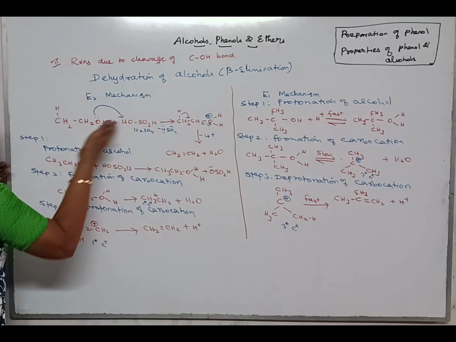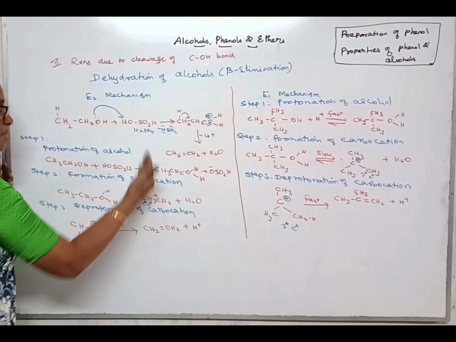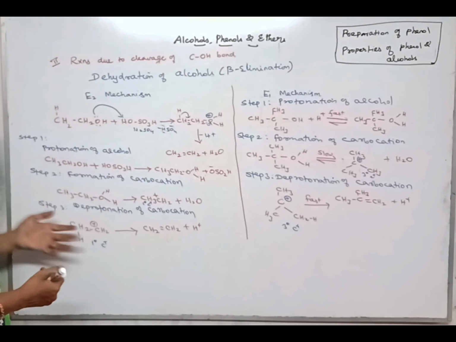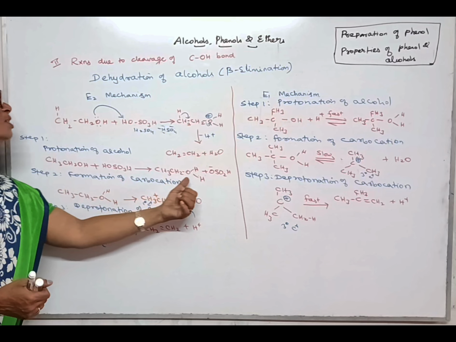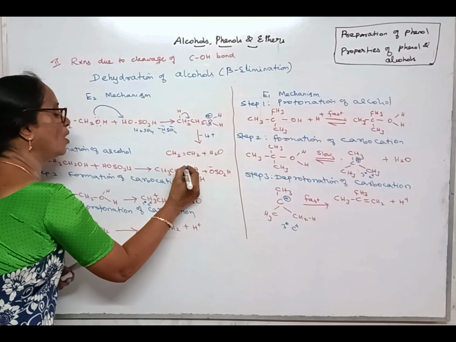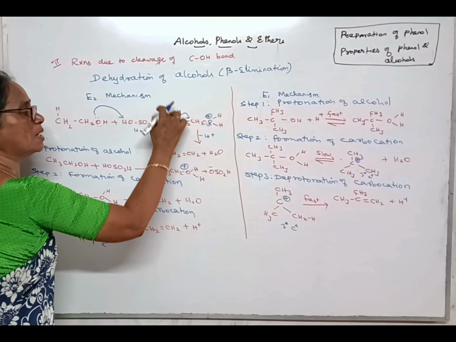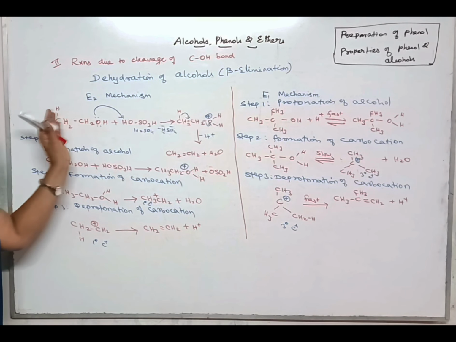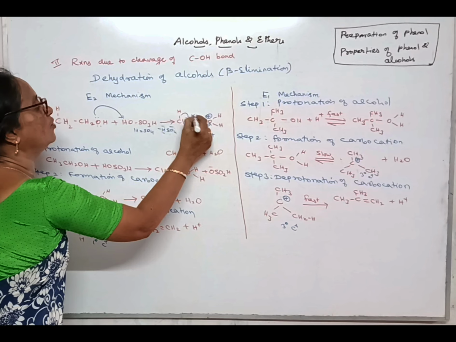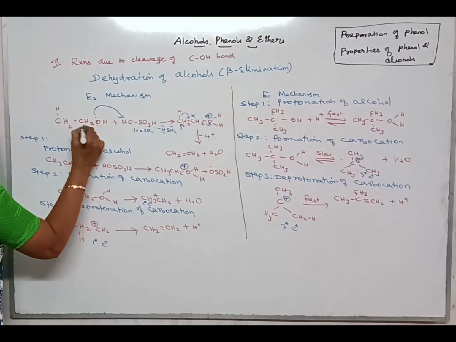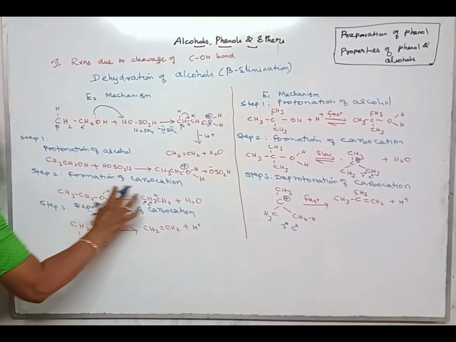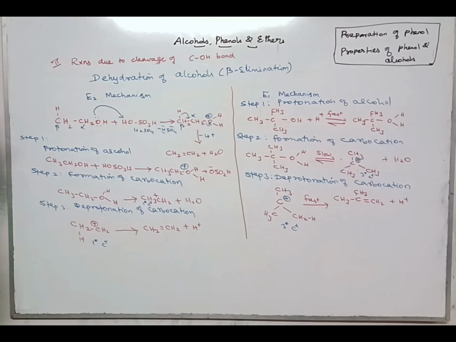Suppose you want to explain these 3 steps in stepwise form, you have to say first of all protonation. So protonated alcohol is formed, and the next step removes the water molecule. Subsequently the proton is removed from the beta carbon. This is the alpha carbon, this is the beta carbon. So from the beta carbon, subsequent release of the proton takes place.